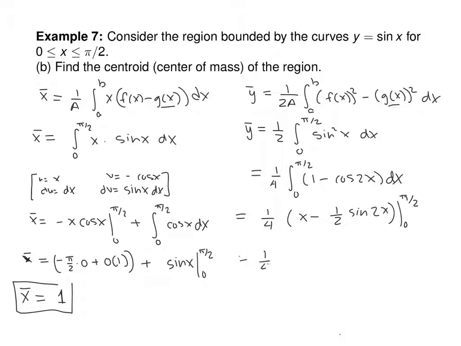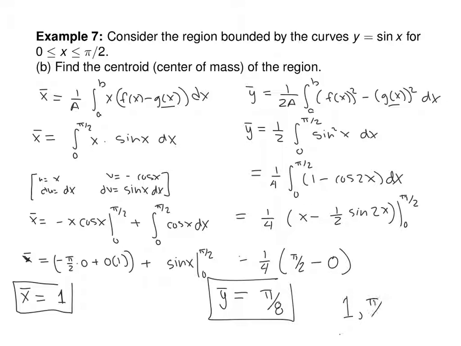So that's 1/4 times pi over 2 minus 0. And the last term is all 0, so this is just pi over 8. So our center of mass is the point 1, pi/8.